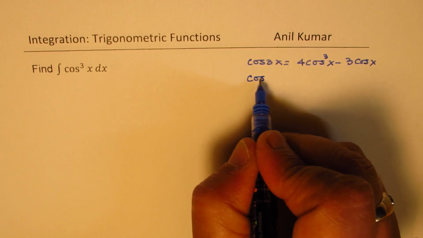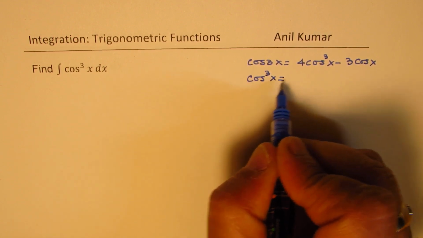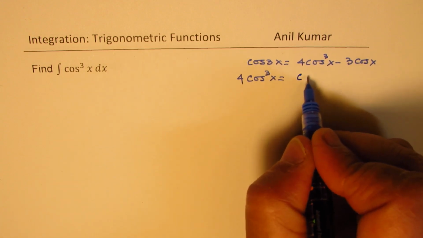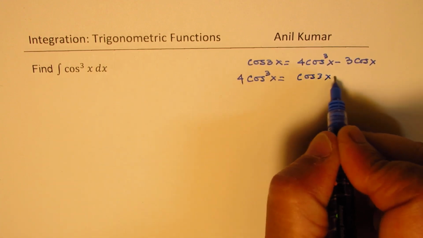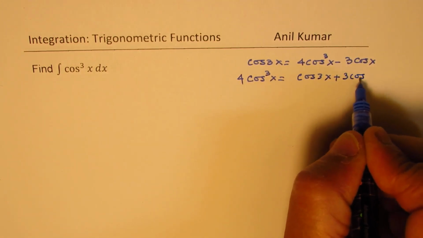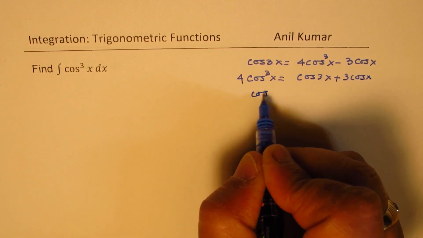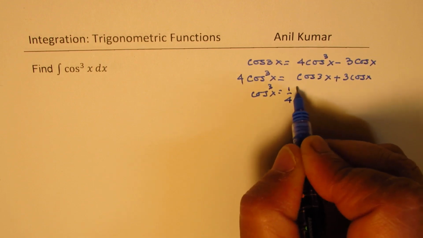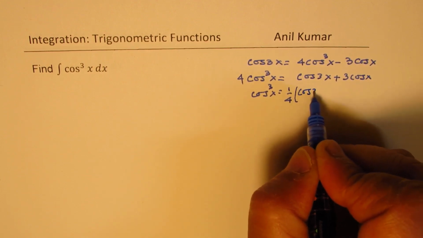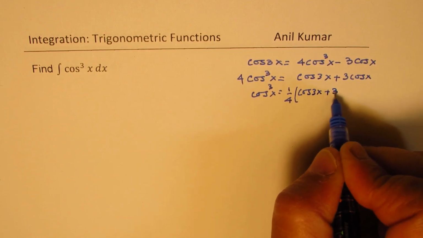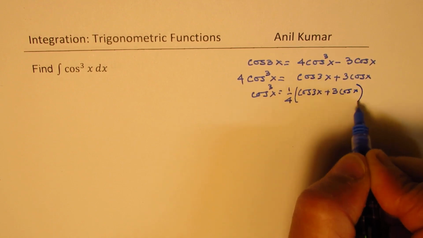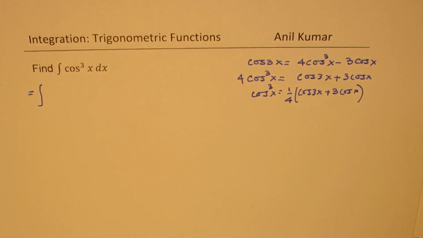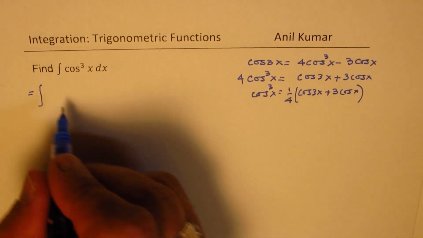So we get cos cube x as equal to, let me write first 4 cos cube x. We'll take it to this side, so it becomes cos 3x plus 3 cos x. And cos cube x finally can be written as 1/4 of both of them, which is cos 3x plus 3 cos x, correct? So I could write this integral here as 1/4 of all this.